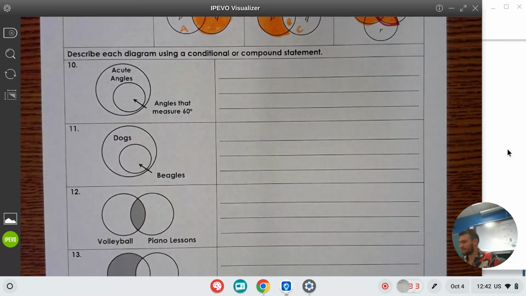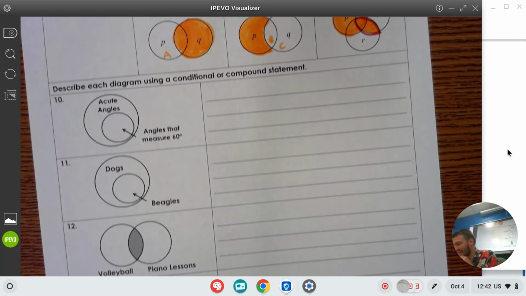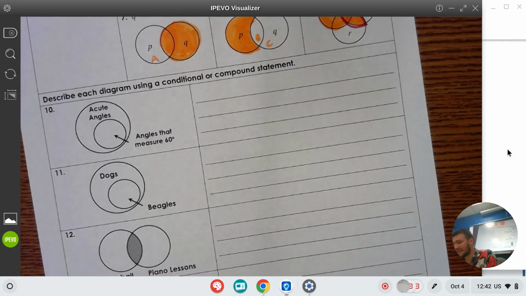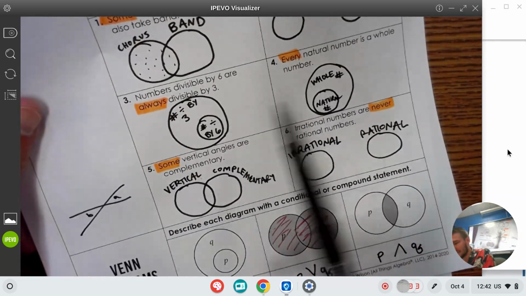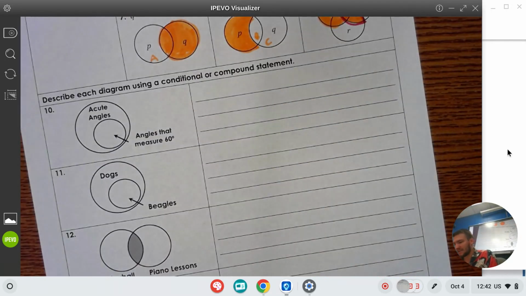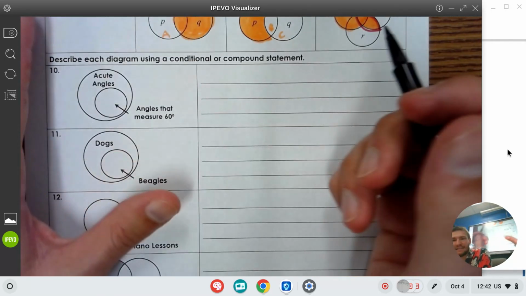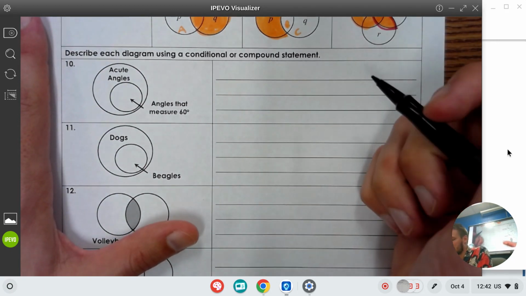So, looking at number 10, we have a circle entirely inside of a circle, and if I look at the front, for both of these, we used words like always, like every. So, how do we want to write a sentence that represents 10? Anybody got any ideas?